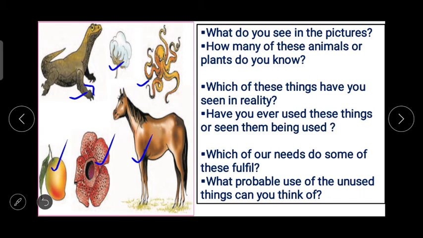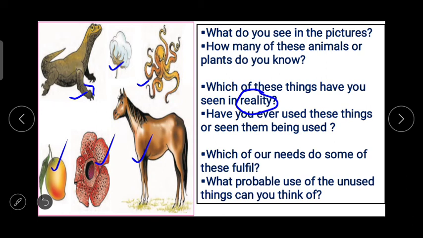Then how many of these animals or plants do you know? Just now I told you the names of these animals and plants. So first of all you just tell how many of these animals or plants do you know, and which of these things have you seen in reality?